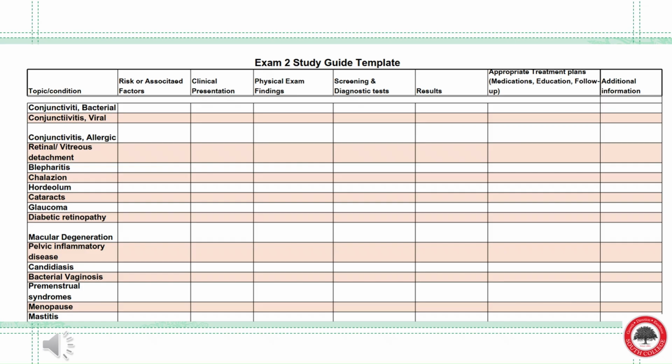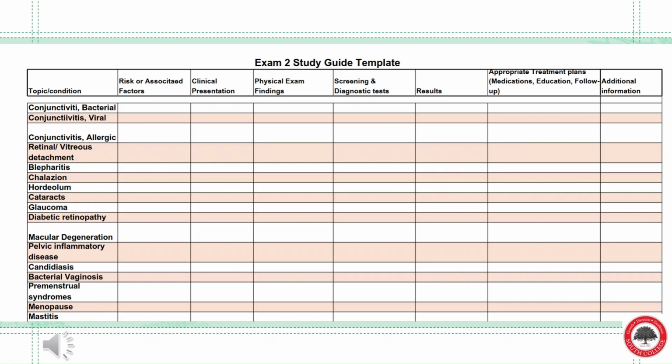I've provided this slide so that you can see what is available within the course to help you prepare for the exam. You can find this file in week 6 instructional content, and it's called Study Guide Template, and you can download it to your computer, the actual file that's editable. In previous courses, completing the table was a course requirement and was graded, but completing it for a grade is no longer required.